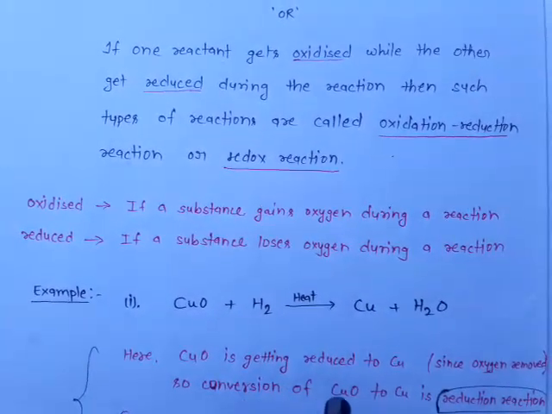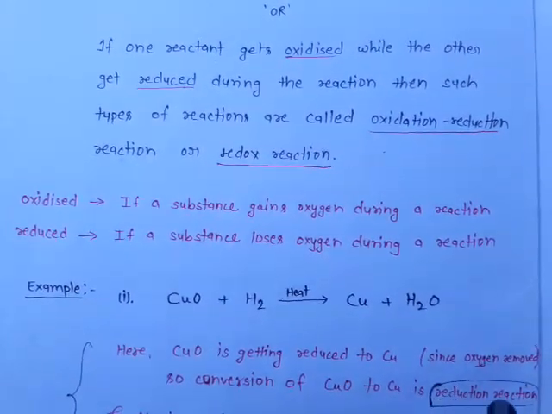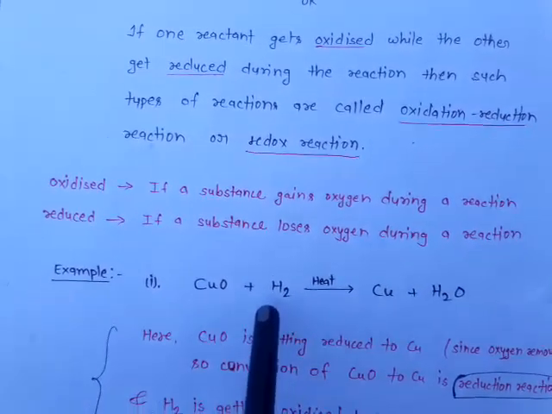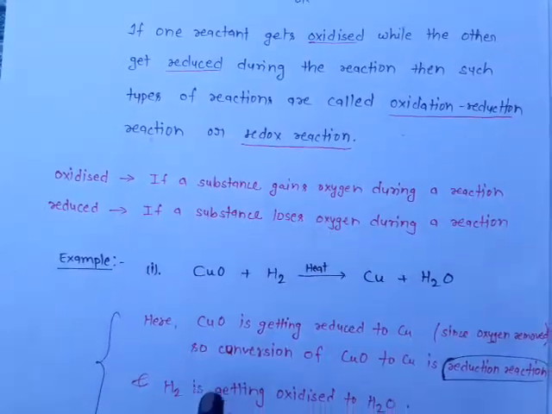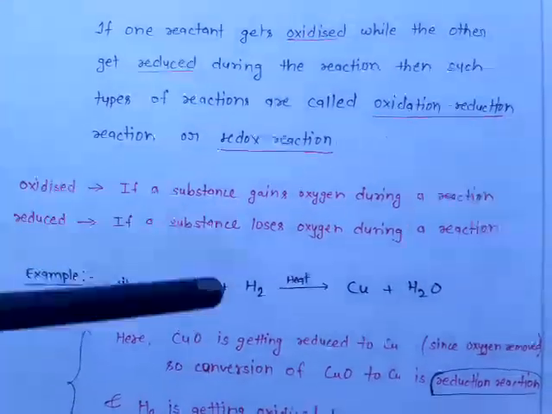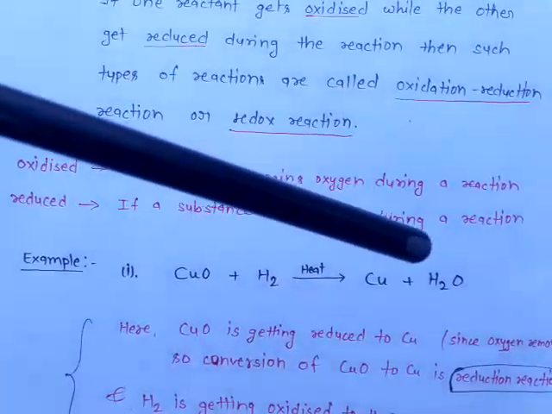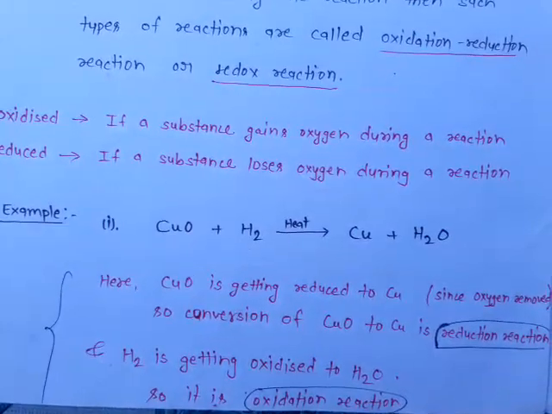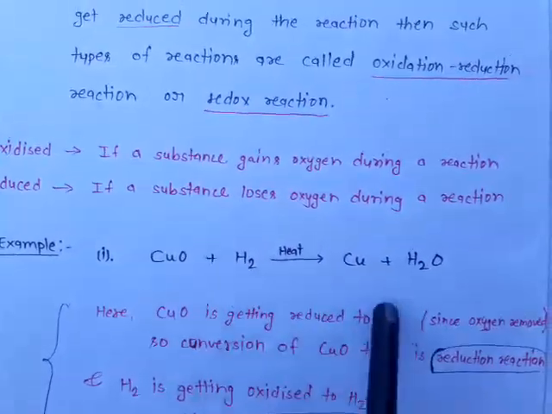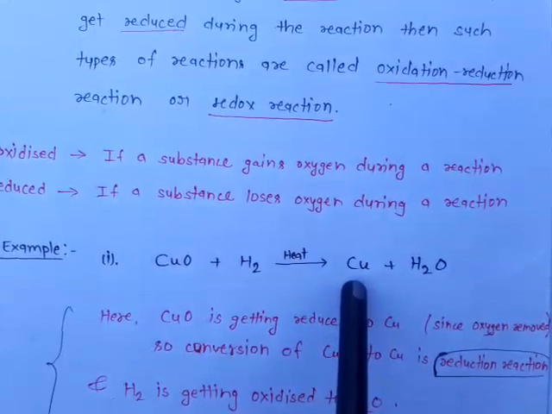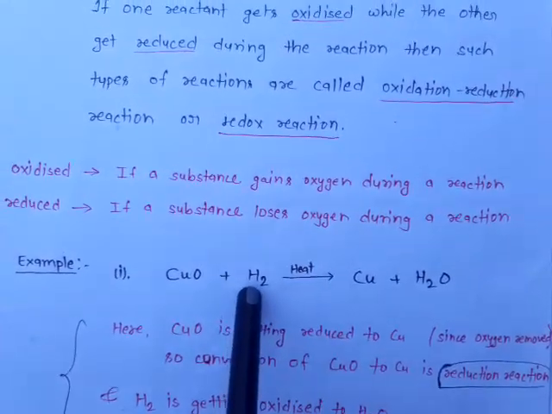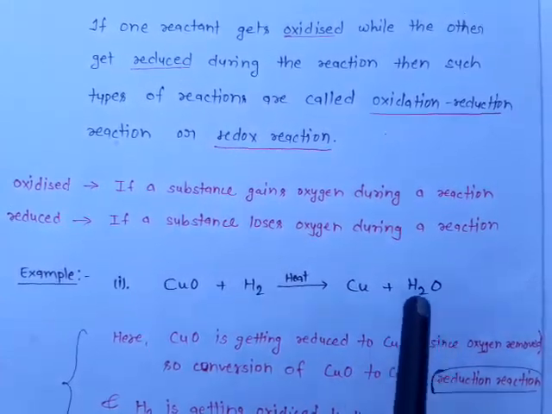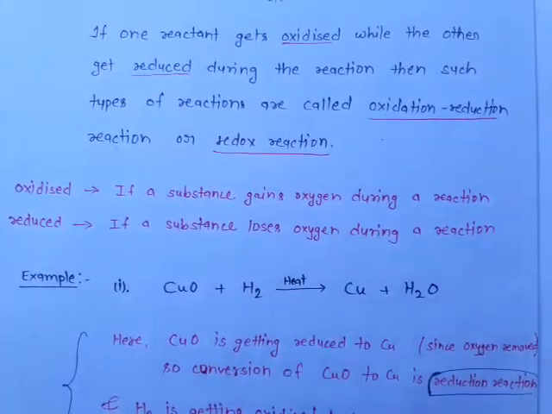So this conversion of CuO to Cu is a reduction reaction. And H2 is getting oxidized to H2O. Here H2 converts into H2O by gaining oxygen. Now it is the oxidation reaction. In this example CuO converts to Cu, this is reduction, and H2 converts to H2O, this is oxidation. Both oxidation and reduction occur, so this is an example of redox reaction.